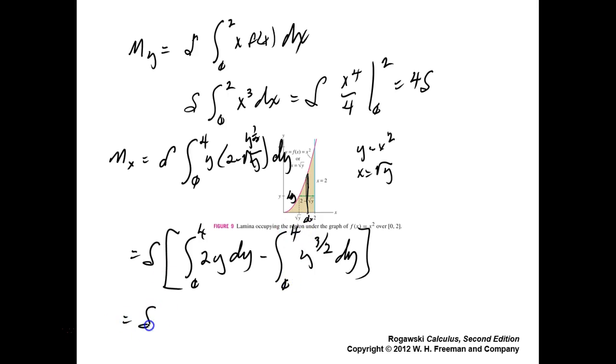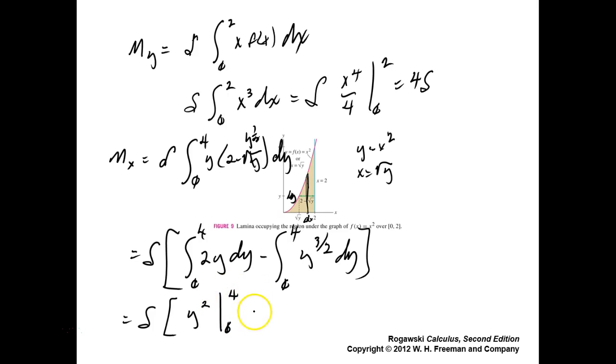So it's your delta times, what would that first one be? Integral of 2y dy is y to the second, evaluated from 0 to 4.